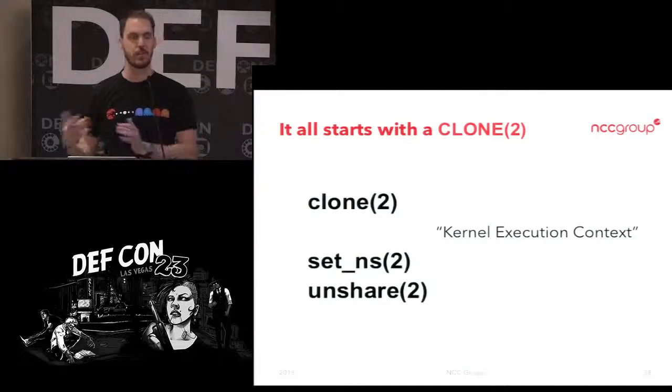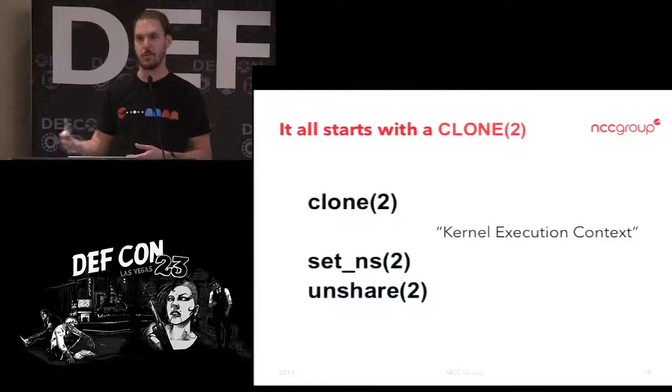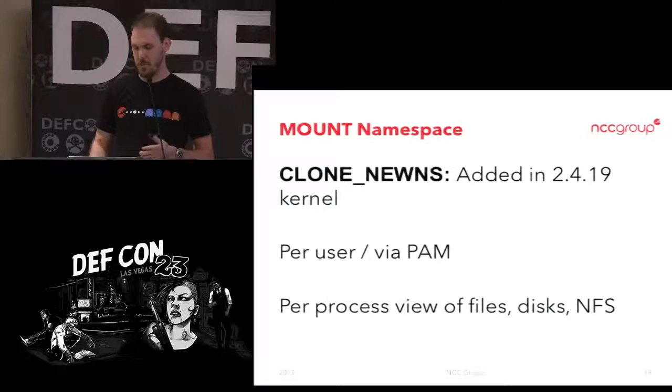The way you get into one of these namespaces is when your process clones and spawns a child, it's the new fancy fork. You enter a new kernel execution context. And the way you do that is when you call clone, you add these special flags at the end, depending on the namespaces that you want to enter.